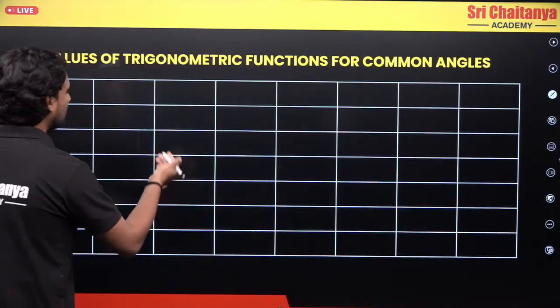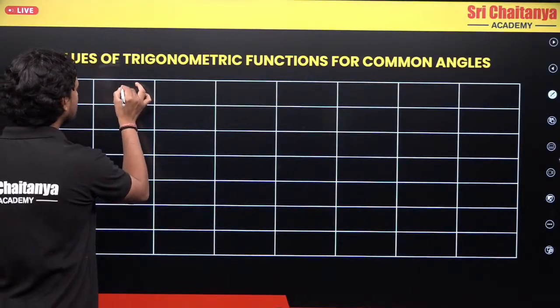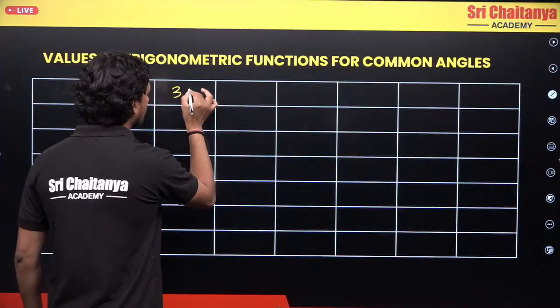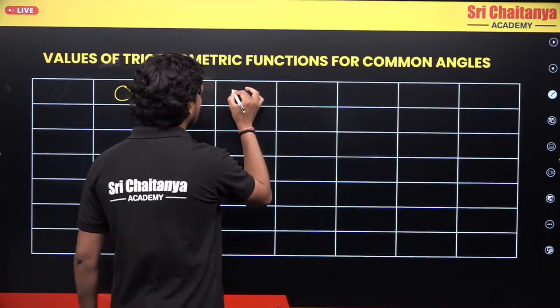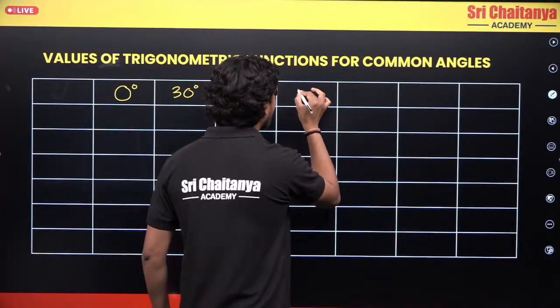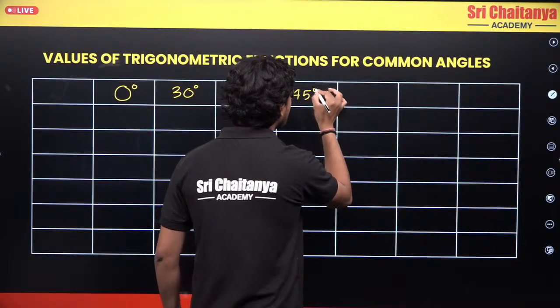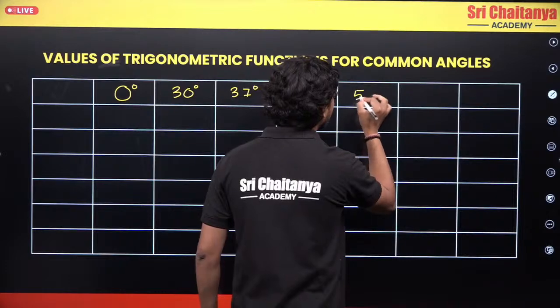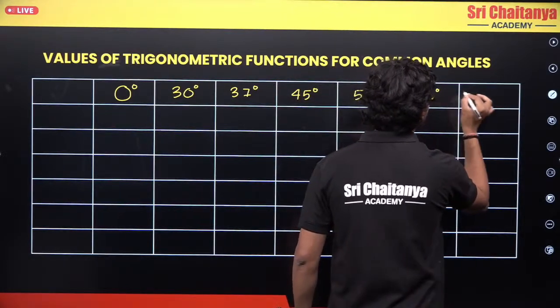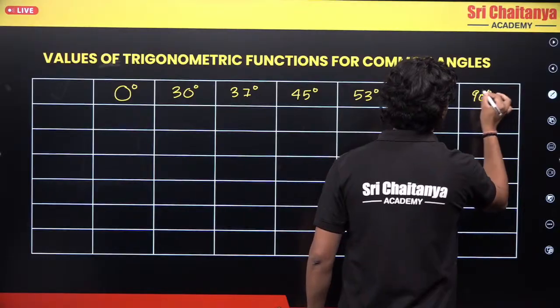So let's write the angles. What are the angles for which you should know the answer? 0 degree, 30 degrees, then 37 degrees, 45 degrees, 53 degrees, 60 degrees, and 90 degrees.